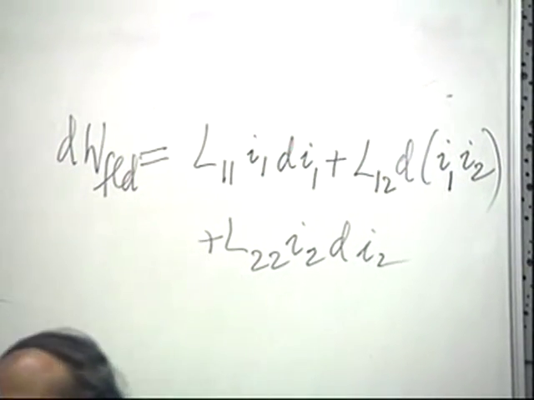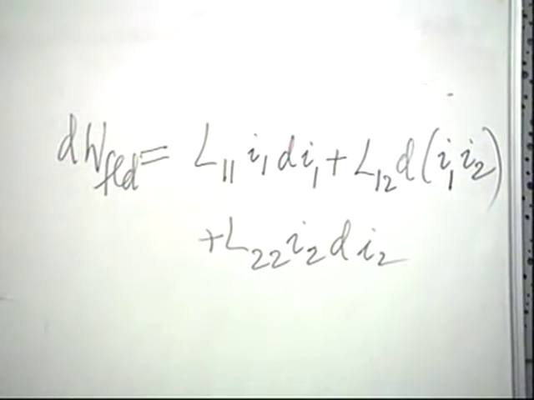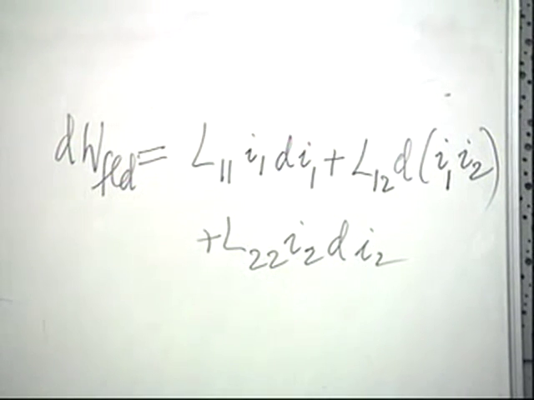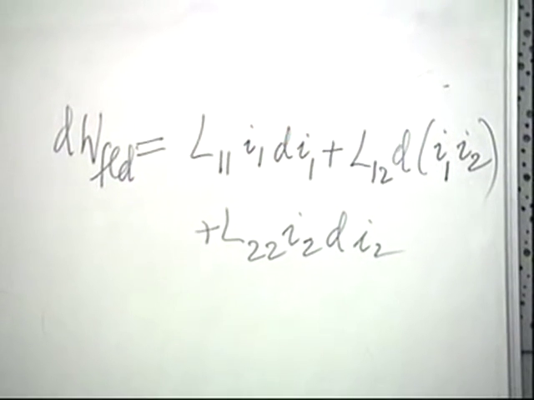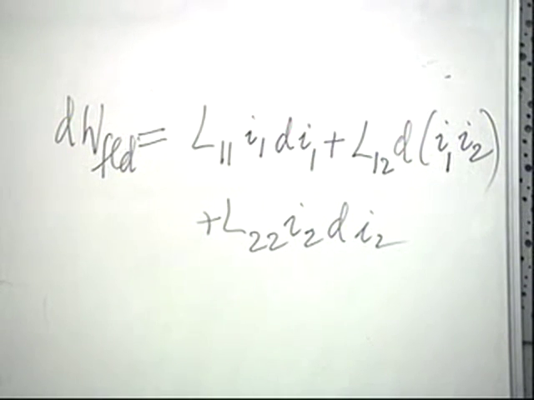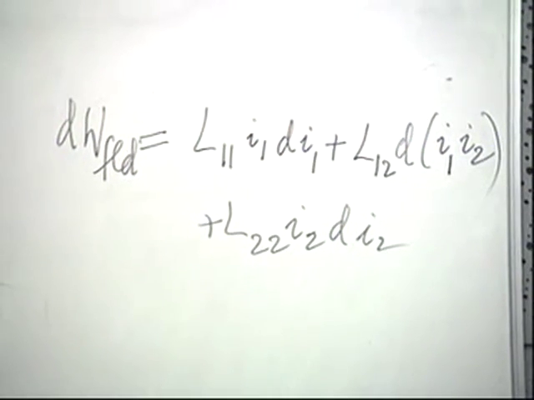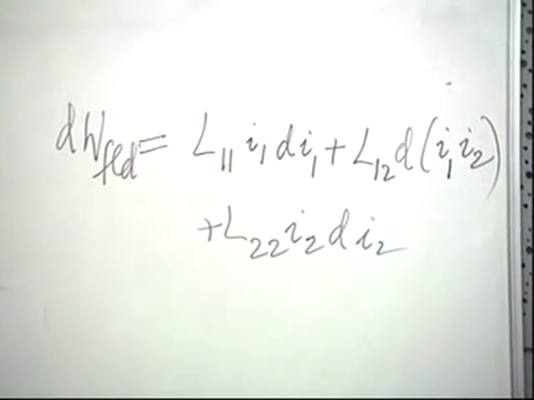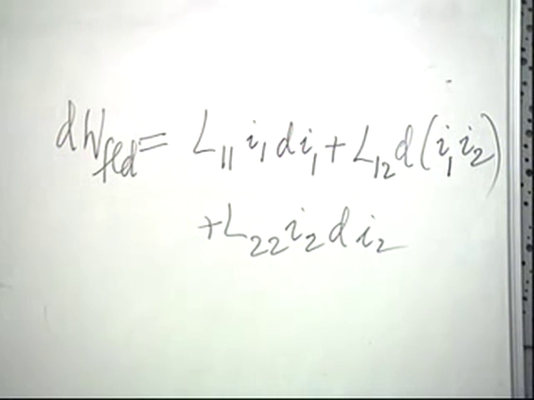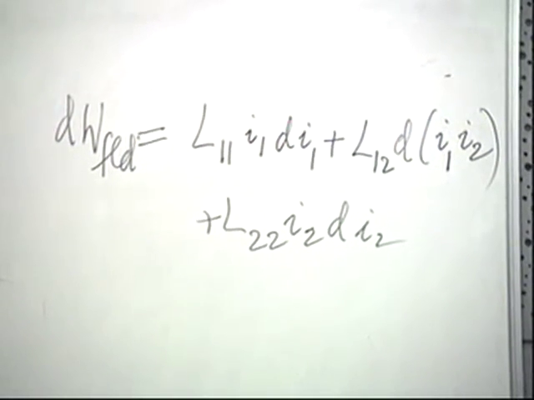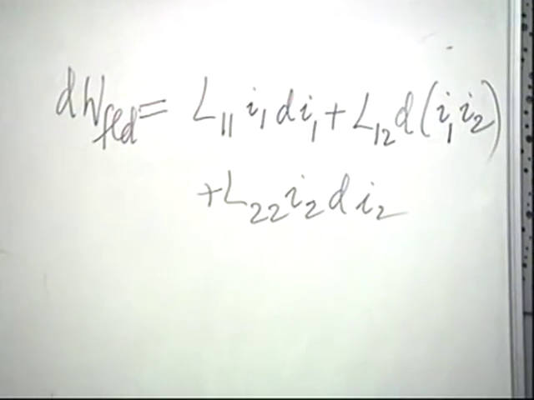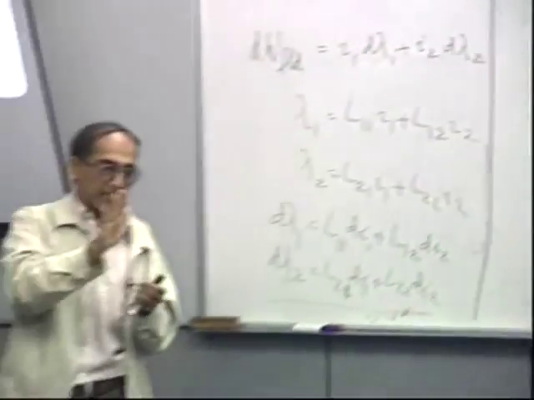Now, if you integrate to get the total energy at any given state of I1 and I2, assume that the whole system is unexcited, both of them. Now you increase from 0 to I1, so that it reaches a flux lambda 1. Keep it that way.